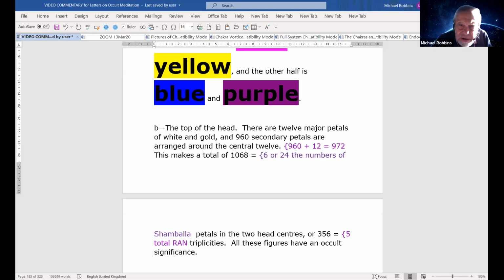But the most interesting thing to me here is the Shambhala number showing up when we combine the 960 and the 12.